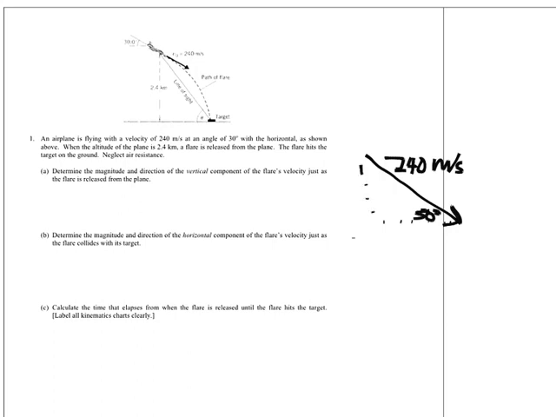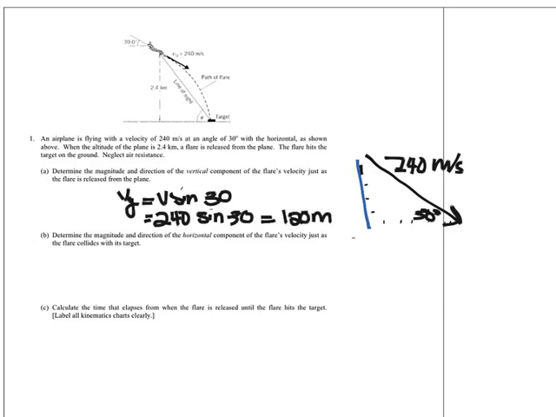So for the vertical component, Vy will just be our total velocity times sine 30. That's 240 times sine 30, which is equal to 120 meters per second. But I'm going to put a negative there because I know it's heading downwards.